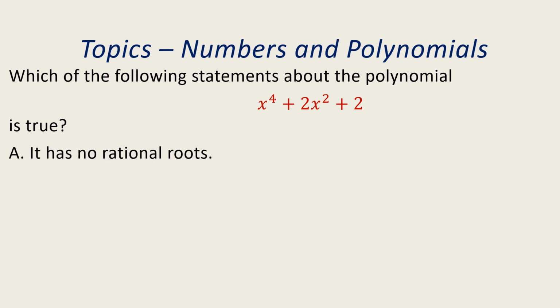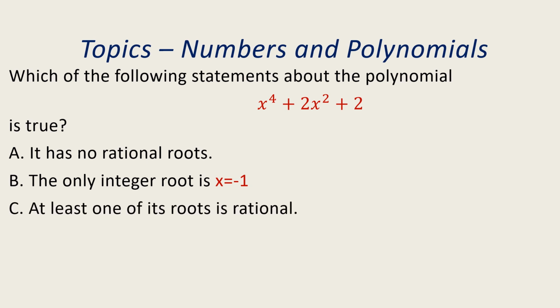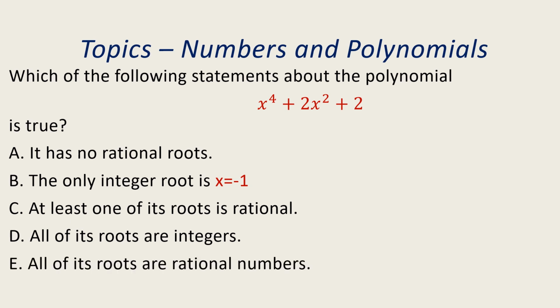That it has no rational roots, that its only integer root is minus 1, that at least one of its roots is rational, that all of its roots are integers, or that all of its roots are rational numbers. So we're faced with a question like that.